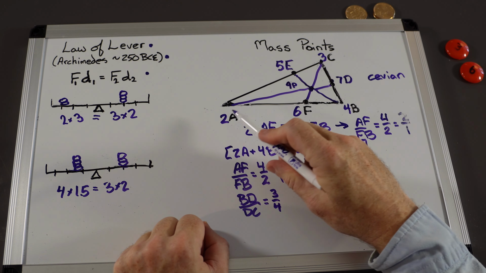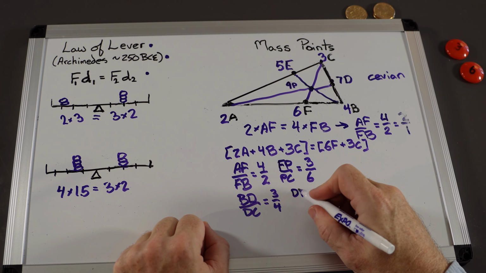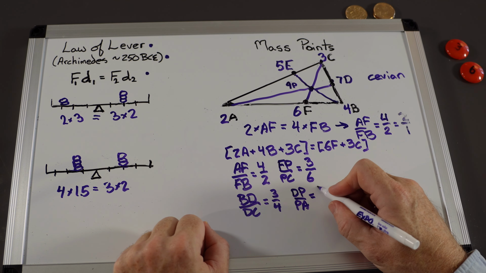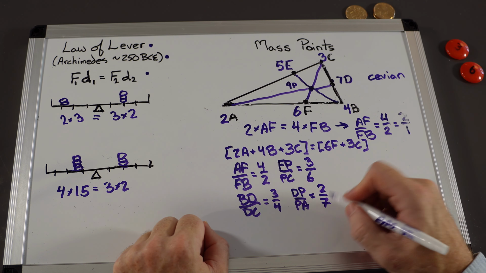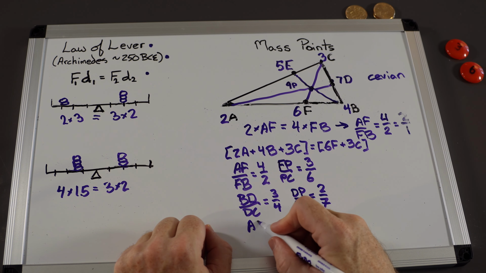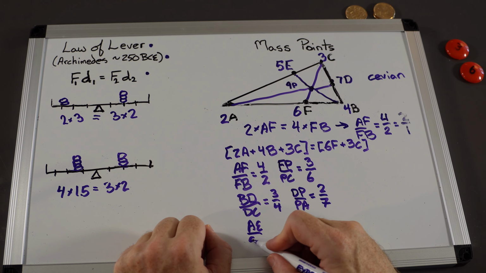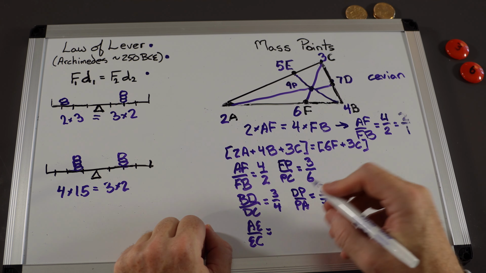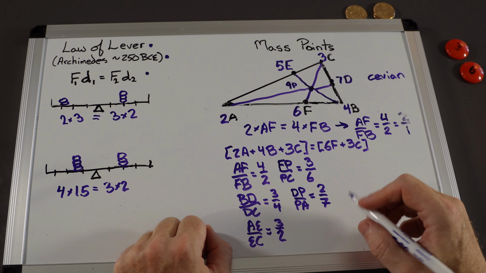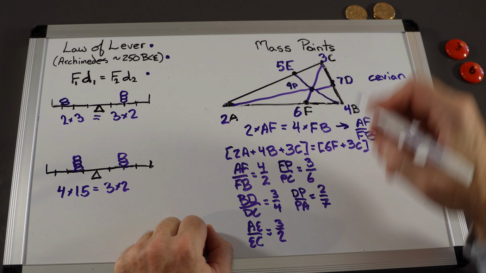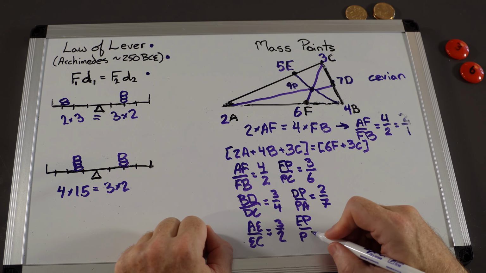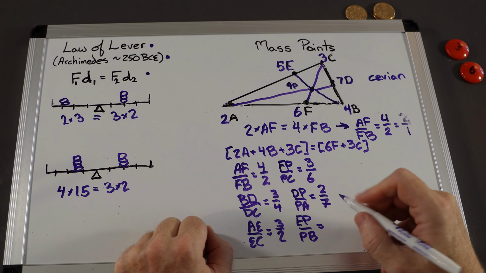And DP to PA is in the ratio of 2 to 7. And on the last side, AC, we have that AE to EC is in the ratio of 3 to 2. And from foot E, EP to PB is in the ratio of 4 to 5.